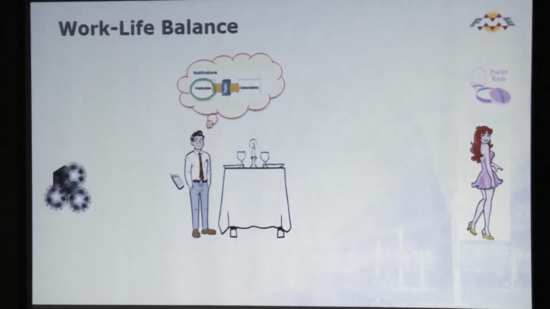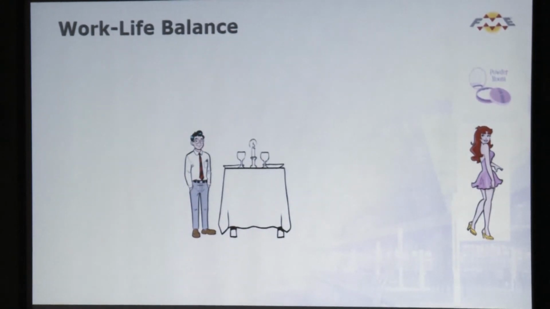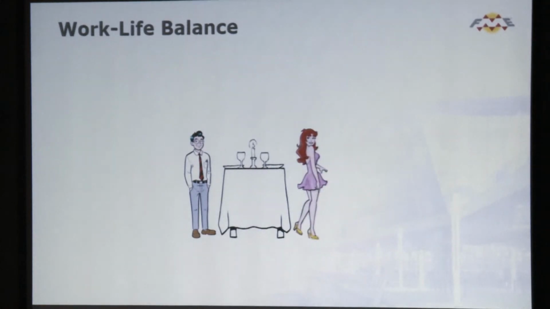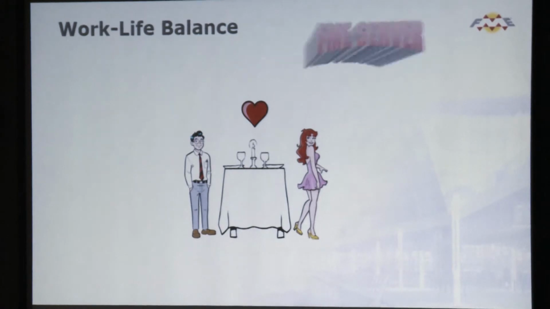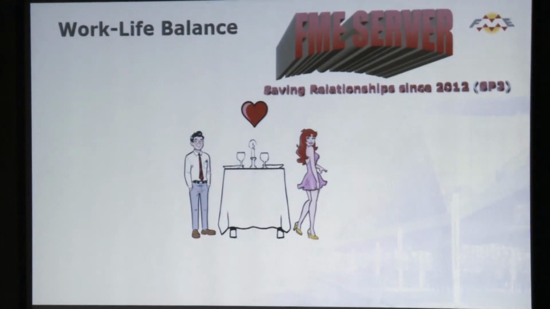The first time it occurs, you may not be ready for it, but subsequent issues you can fix remotely that way. And of course, without interrupting the date. The date resumes and the relationship blooms. So there you have it, FME Server saving relationships since 2012. Service Pack 3, it wasn't in place until then.